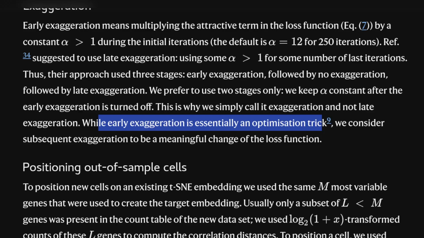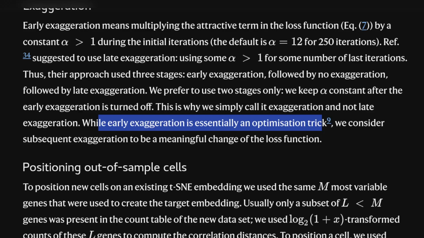Cao, J. et al. The Single-Cell Transcriptional Landscape of Mammalian Organogenesis. Nature 566, 496, 2019. Van der Maaten, L. and Hinton, G. Visualizing Data Using t-SNE. J Mach Learning Res 9, 2579-2605, 2008.